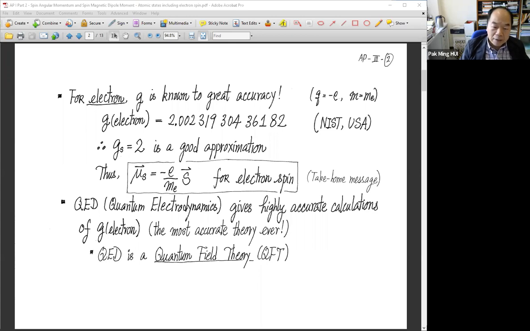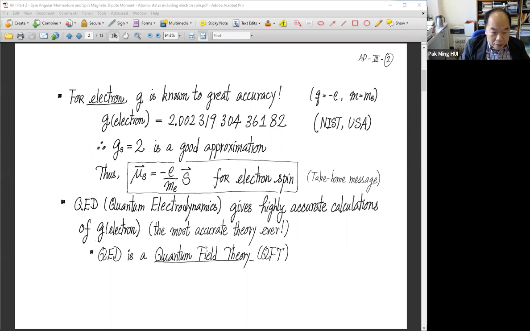What I meant is that the Schrödinger equation starts with the kinetic energy being half mv squared, or p squared over 2m. Okay, so this is Newtonian.